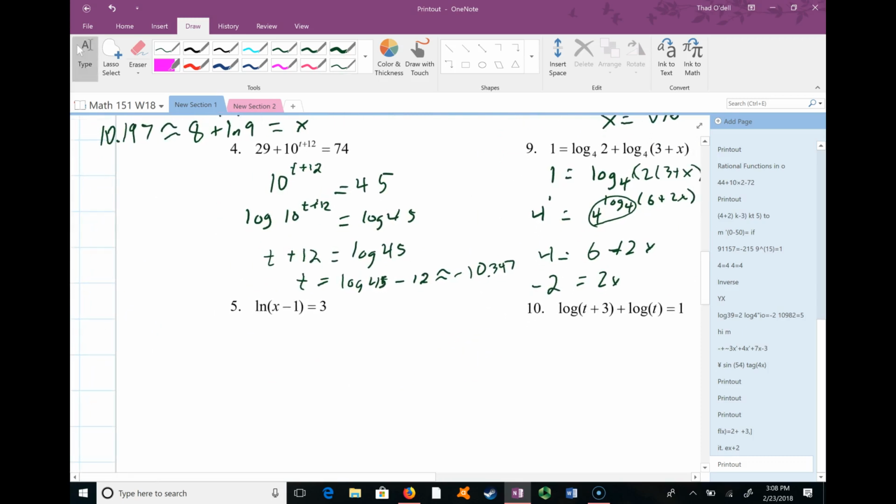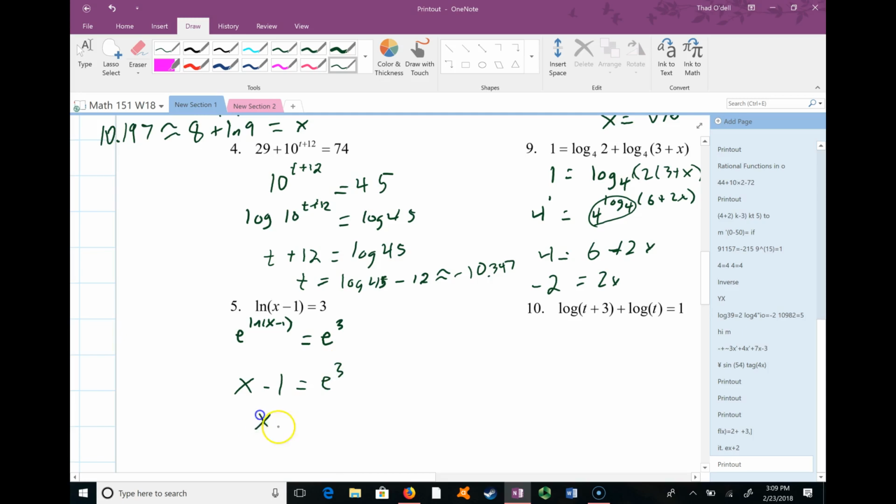Okay, here's a natural log of both sides. How do you undo natural log? E to that. So you're going to do an e to the ln of x minus 1 and an e to the third power. And of course the e to the ln cancels out, so that's x minus 1 is equal to e to the third power.